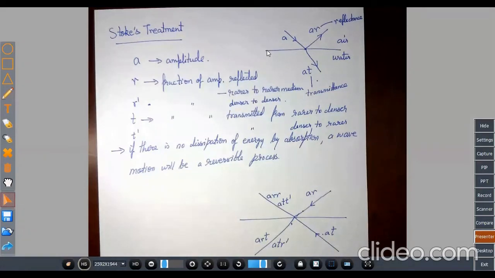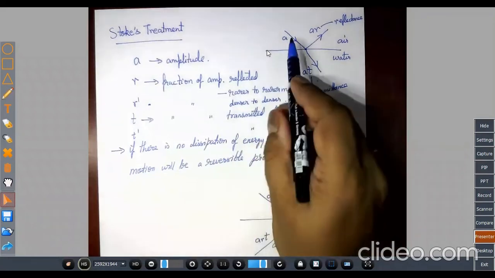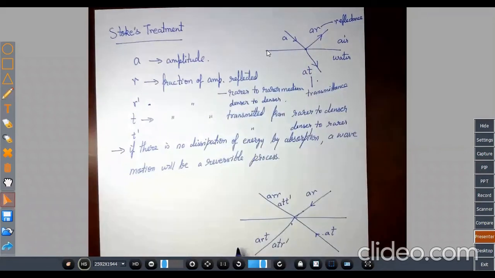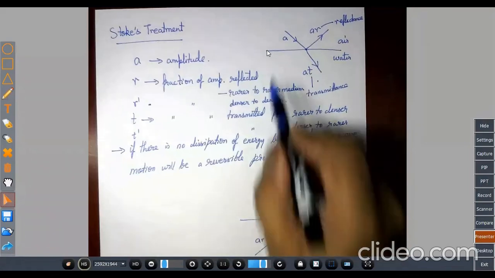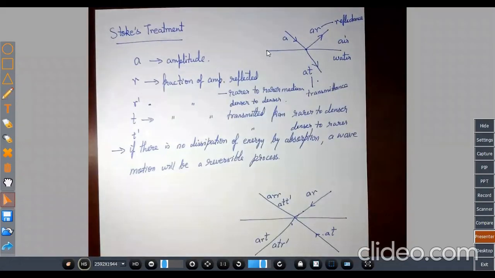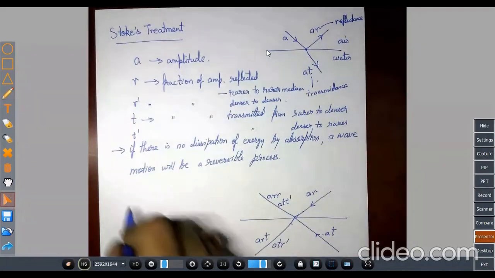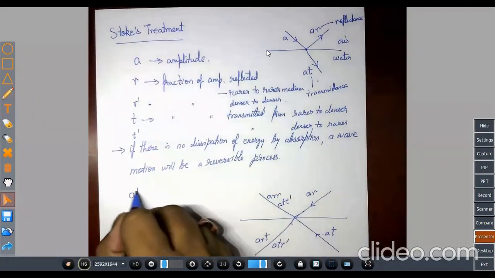Now, what Stokes said, that if no energy is lost, then we can backtrace this wave. So for this to happen, these two waves should, in total or after superposition, give me this wave. Only then what Stokes said will be valid.